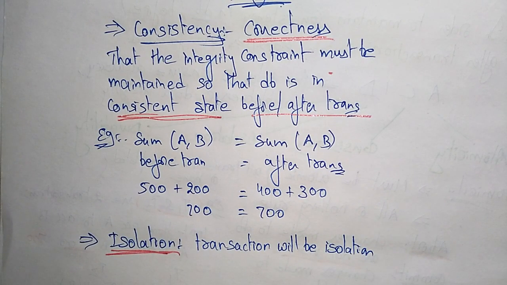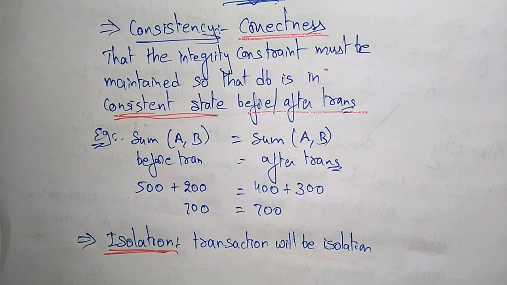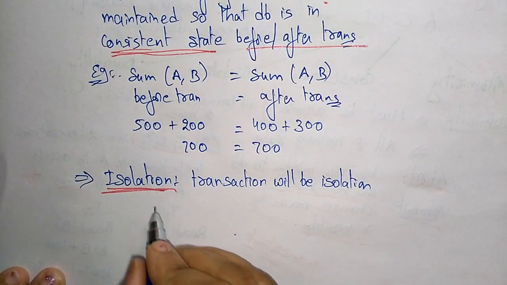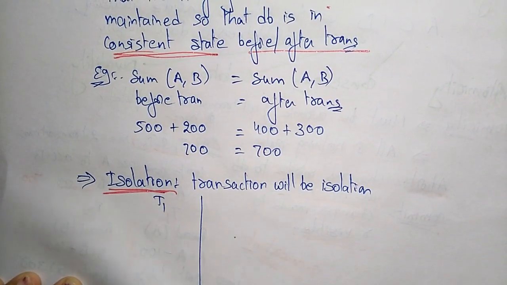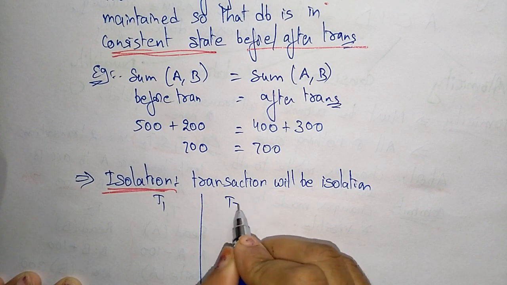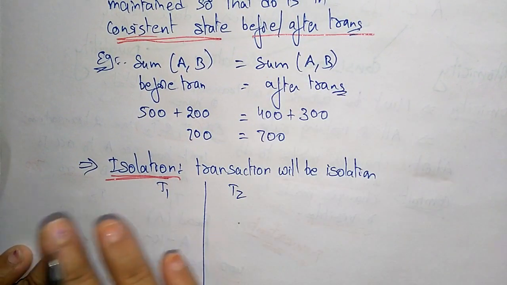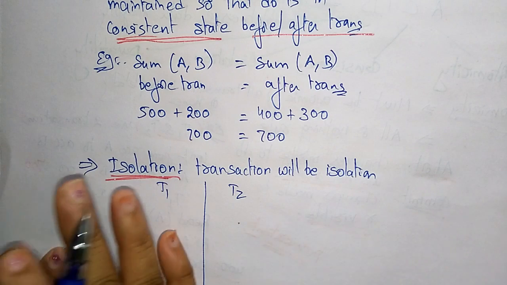Until one transaction is completed, you cannot show it to another transaction. Let us take an example to explain isolation. Suppose T1 is one transaction and T2 is another transaction. Let us take the same bank example.